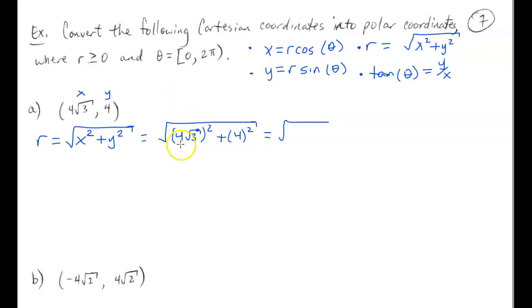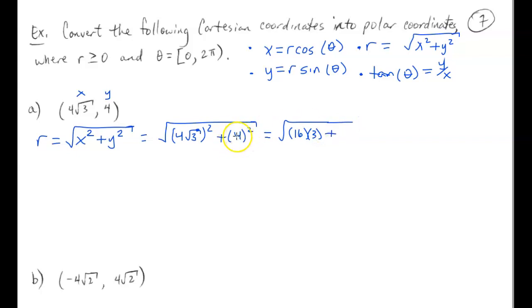So for this first term, since it's 4 times square root of 3, this would be like 4 squared, which is 16, times square root of 3 squared, which is just 3. Okay, so that's going to be basically 16 times 3 there. I'm going to write it like this.